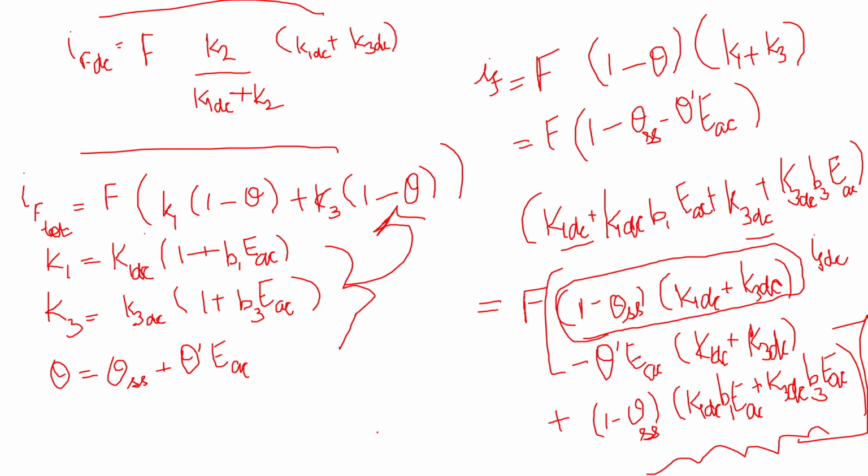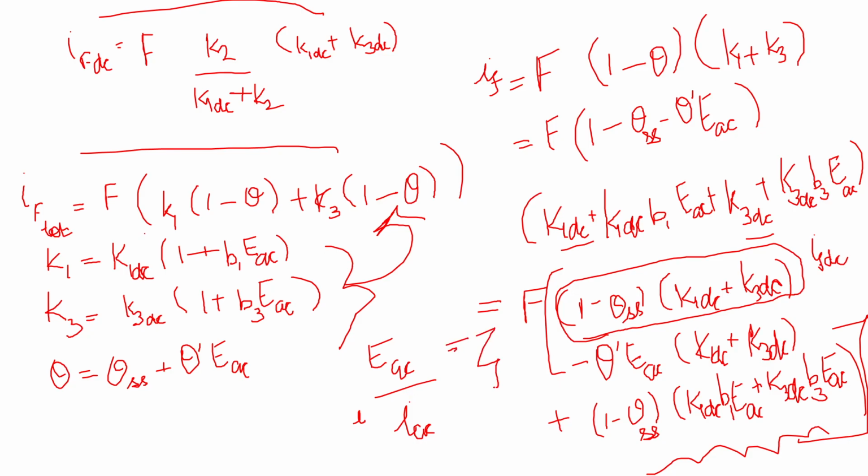So we already know impedance is Z, that is EAC by IFAC. That is what impedance is. So basically, Faraday impedance is nothing but EAC by IAC. So I have to find out IAC.